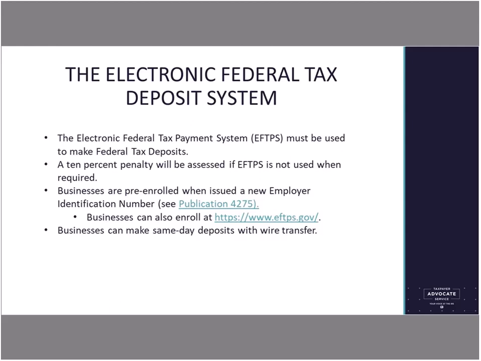A 10% penalty will be assessed if the Electronic Federal Tax Deposit is not used, or their system is not used when it's required. Businesses are pre-approved when the EIN, or Employer Identification Number, is issued. For more information on that, you can see the IRS publication 4275. Businesses can also enroll at the EFTPS.gov website.